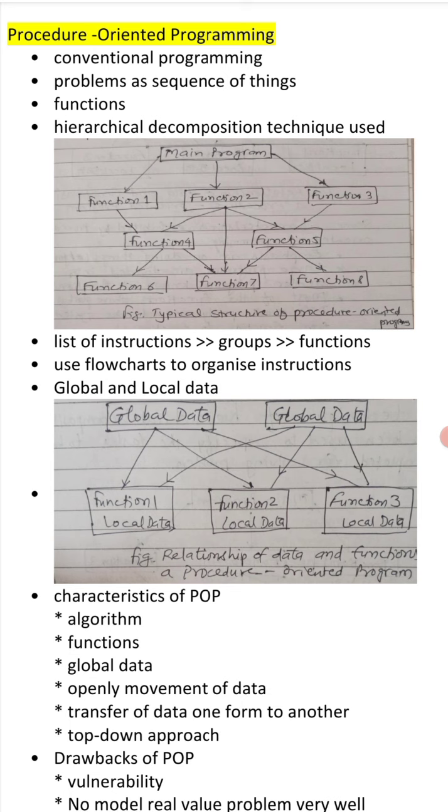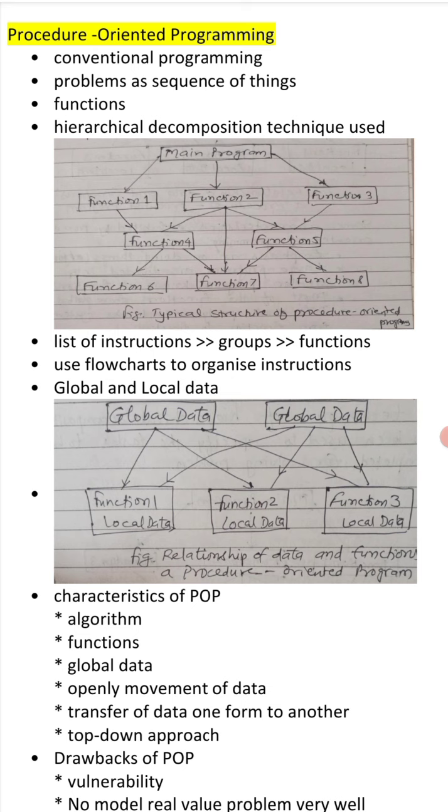The conventional programming that uses high level languages such as COBOL, Pascal, Fortran, and C is commonly known as procedure oriented programming, POP.